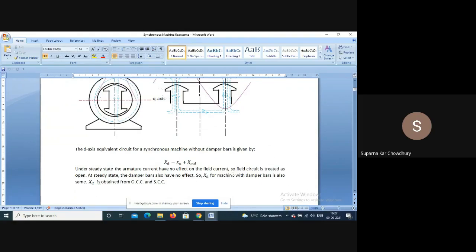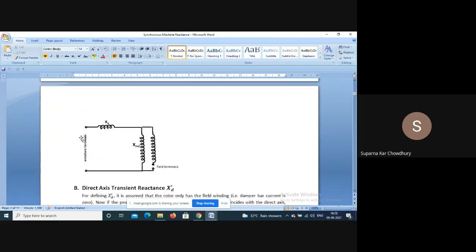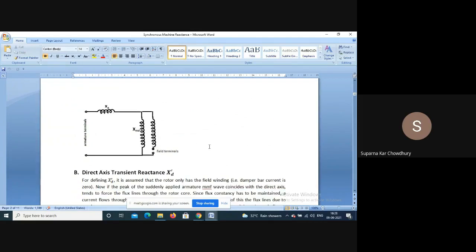So the field circuit is considered open circuited. The equivalent circuit of the direct axis steady state synchronous reactance can be considered like this. We have the leakage reactance and the magnetizing reactance along the direct axis. The field circuit is open. So this is basically XA plus XMD.